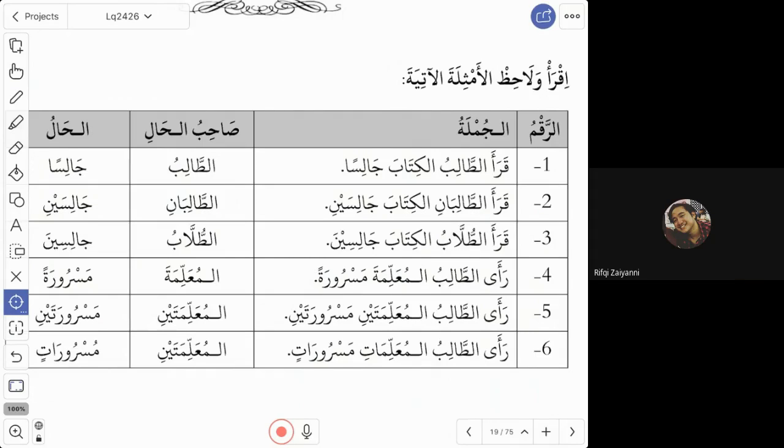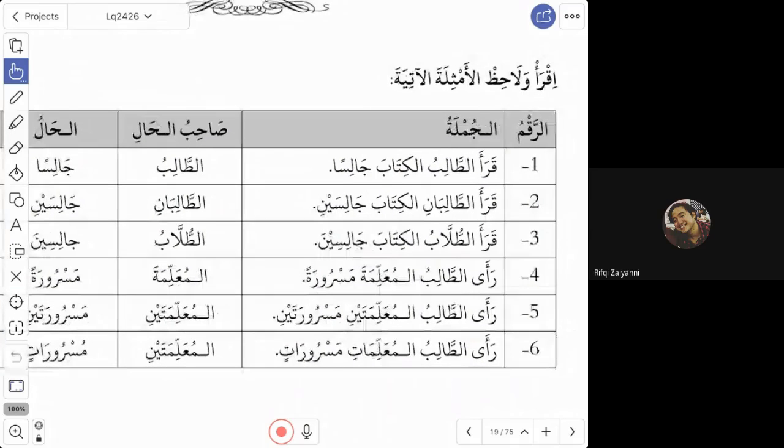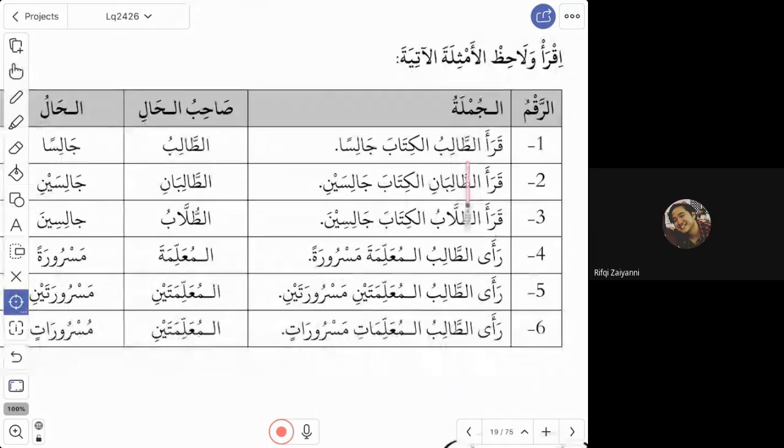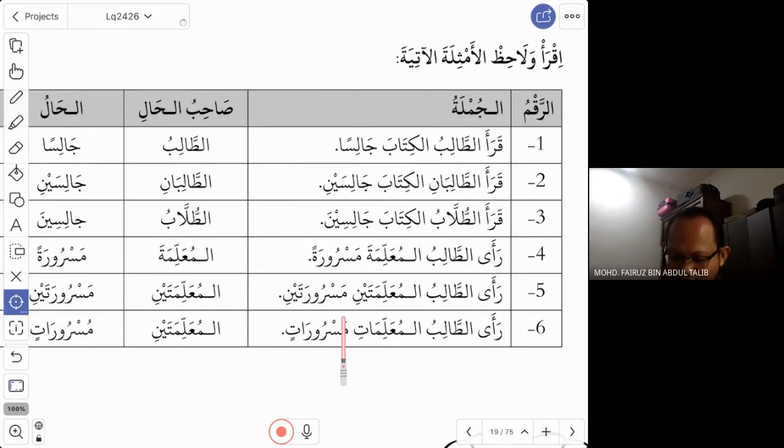Okay, so the meaning of the sentence would be like the fifth example, ra'a at-talib al-muallimataini masrurataini. It means that the student watched the teachers and the teachers felt happy. Yes. Is that correct? Yes, that is correct. The teachers felt happy.